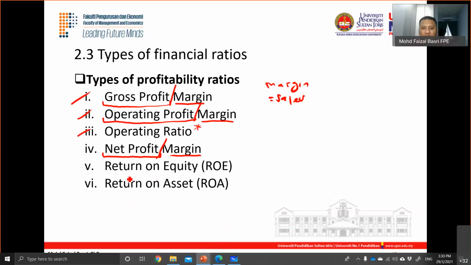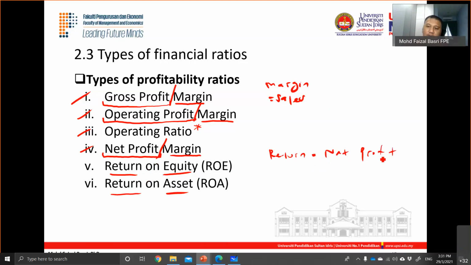So we are left with two return ratios: return on equity and return on assets. Again, we can guess the information from the name of the ratio itself.